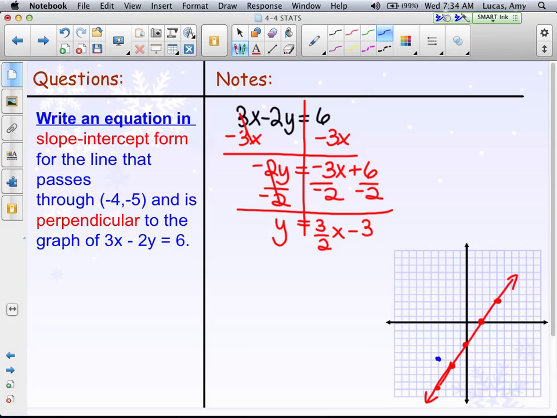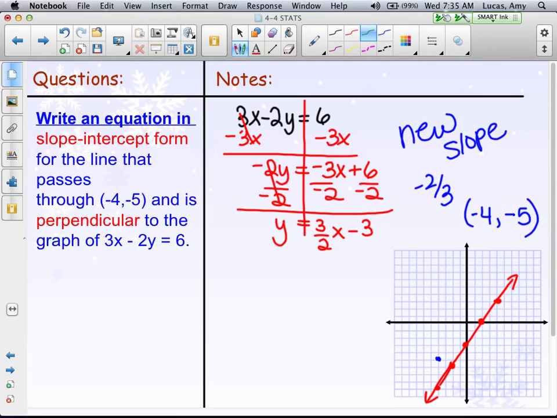So my new slope is going to be -2/3 because I had to flip and change it. And (-4, -5) is my ordered pair. So my slope is m, x1, y1, and now I can plug it in point-slope form.